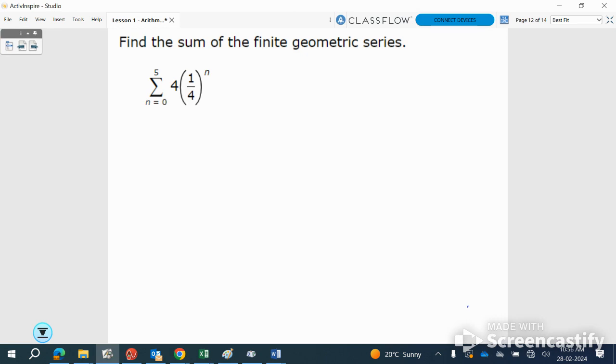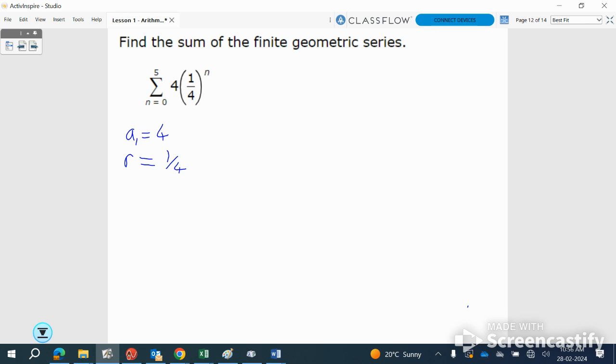So the first term is when n equals 0. So you'll get 1/4 to the 0, and then you're going to get the first term. So A1 equals 4. What is the common ratio? We can see that fairly easy. That's 1/4, because every time we're timesing by another 1/4. The n is going to go 0, 1, 2, 3, 4, 5. It's going to keep timesing by 1/4.